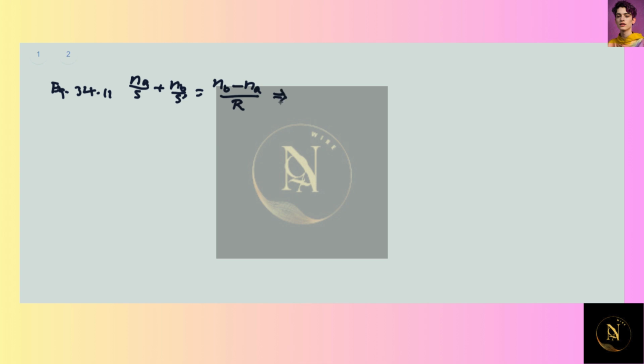So let's rearrange this equation by moving Na over S over to the right-hand side, so that we have just Nb over S prime remaining on the left-hand side. Okay, and let's put this whole thing over common denominators. So on this side, let me multiply by S over S, which is nothing more than multiplying by 1. And on this side, let me multiply by R over R, which is also a multiplication by 1.